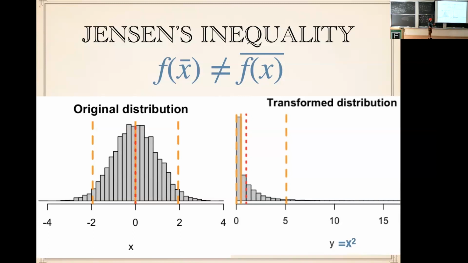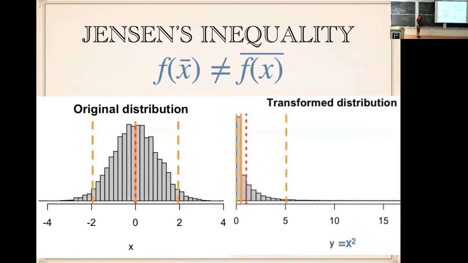To give a simple example of why Jensen's inequality matters, or that it exists and it's a very real thing. So imagine I had just a simple standard Gaussian, this is just a normal with mean 0 and standard deviation 1. Simplest problem. It's a normal 0, 1. And I want to transform that with an incredibly simple model, x squared.